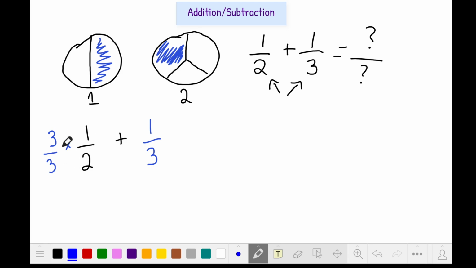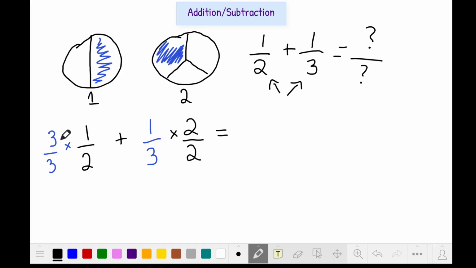Now, the reason I can get away with doing this is because 3 divided by 3 is just the number 1, and I can multiply by 1 without changing anything at all. And then the 1 over 3, I'm going to multiply by the number 1, but this time it's going to look like 2 divided by 2. So what's that going to do?